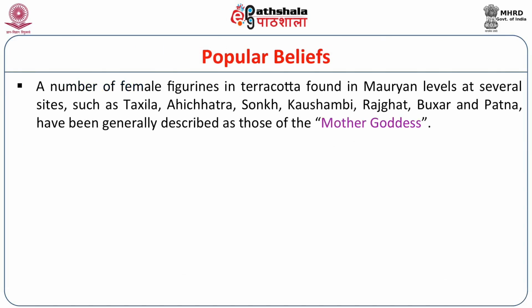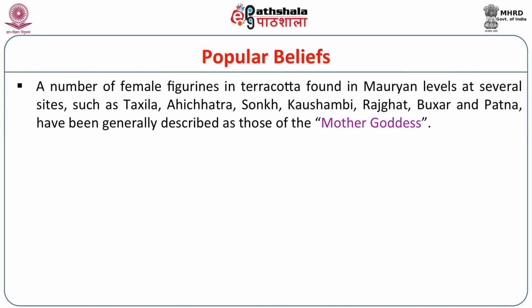Along with the institutionalized, organized religion, we have a substratum of popular beliefs, and the traces of popular beliefs are found in the number of terracotta figurines that have been recovered from the Mauryan levels at several sites.